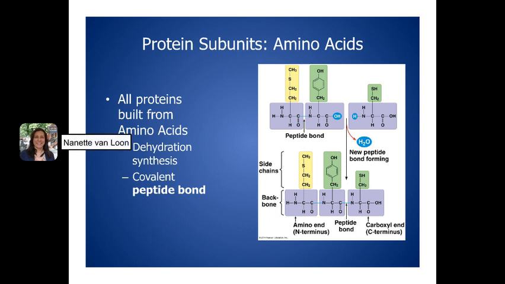The building blocks of proteins are amino acids, and the connections between individual amino acids are made through dehydration synthesis, in which a molecule of water is extracted from between the two units, and then they are connected through a peptide bond. And the peptide bond is a strong, stable, covalent chemical bond.